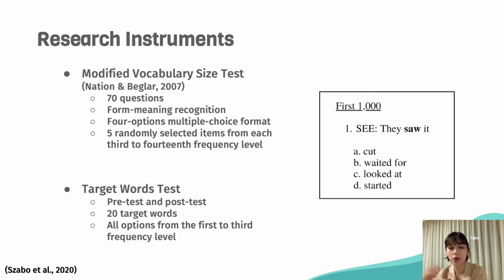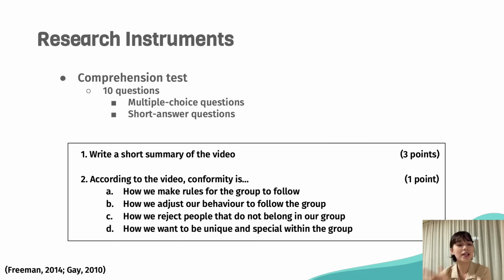The pretest was incorporated into the modified vocabulary size test, which acted as a distractor to prevent participants from identifying the target words while watching the video. Next, the comprehension test consisted of 10 questions. There were 5 multiple choice questions and 5 short answer questions, and they were all based on factual information that was explicitly stated in the video.